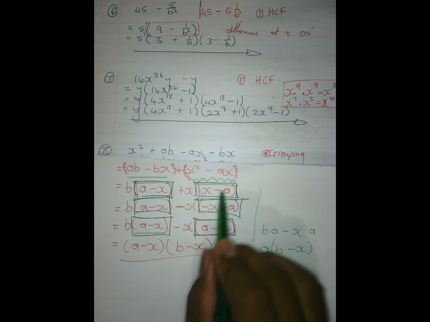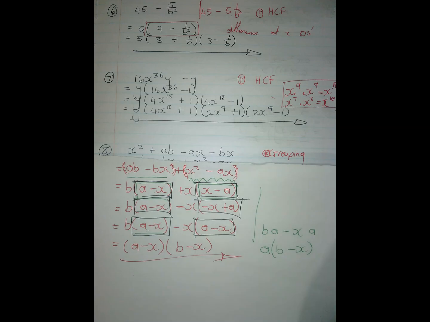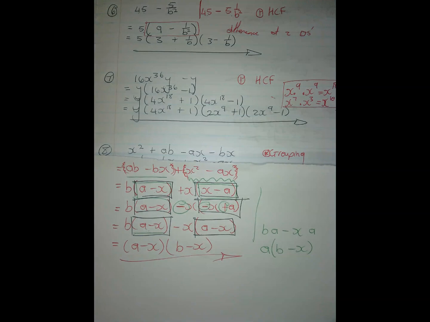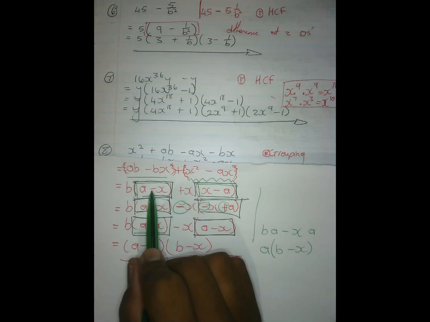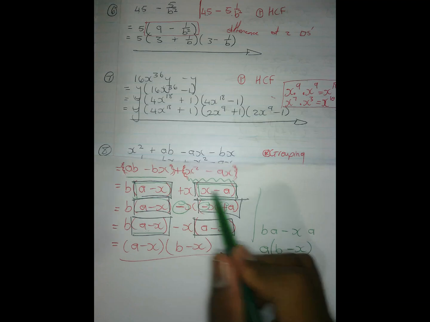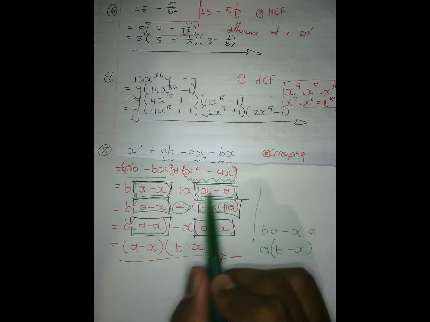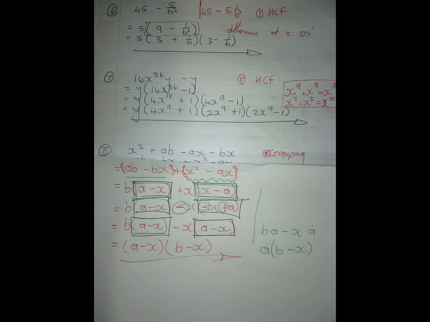Yes, the sign is different on the inside of the bracket, but you can change that by taking that negative in there and then changing the signs around. That is acceptable. But if you do not have brackets that have the same variables or numbers on the inside, just the sign is different, the sign being different is acceptable. But if you don't have the same numbers on the inside of the brackets, you must know that something is wrong and you did something wrong.